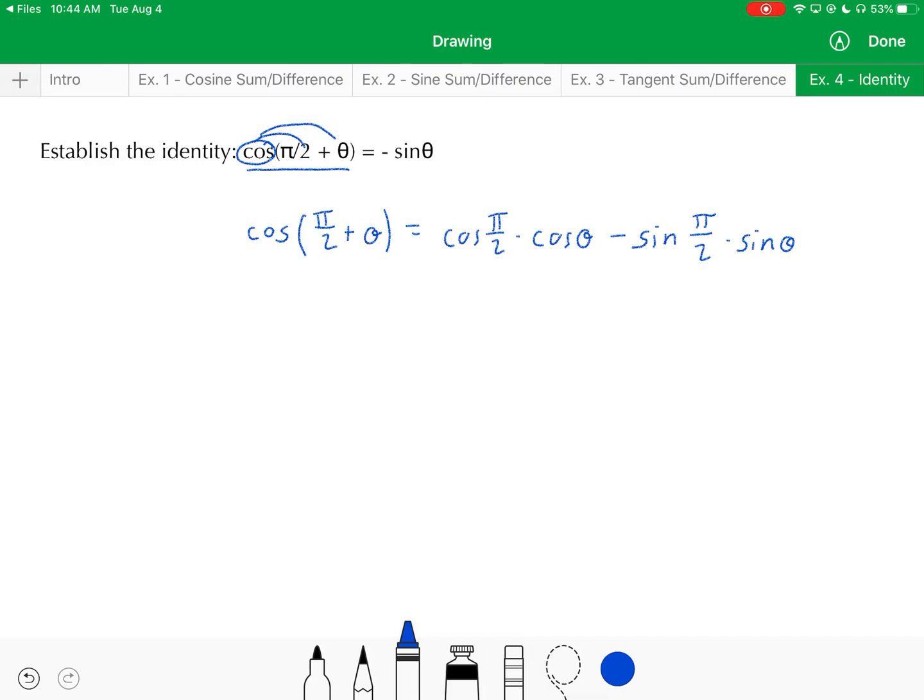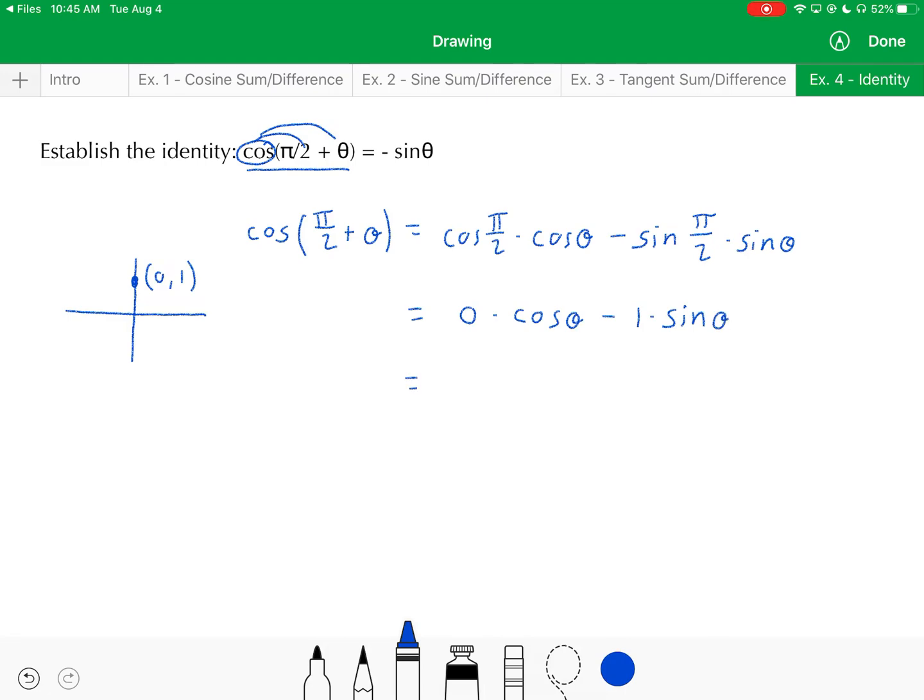And cosine of pi over 2 and sine of pi over 2 can both be evaluated. Pi over 2 is a quadrantal angle on the unit circle. It would place you right here at the point 0, 1. So cosine of pi over 2 is equal to 0, and sine of pi over 2 is equal to 1.